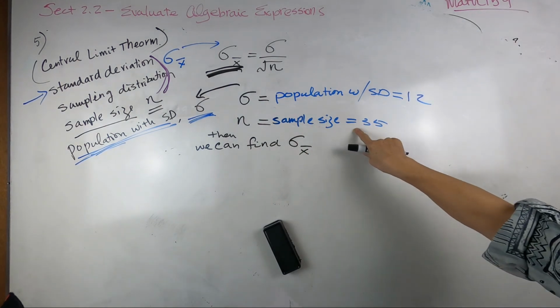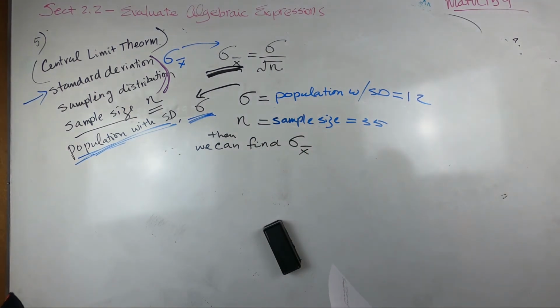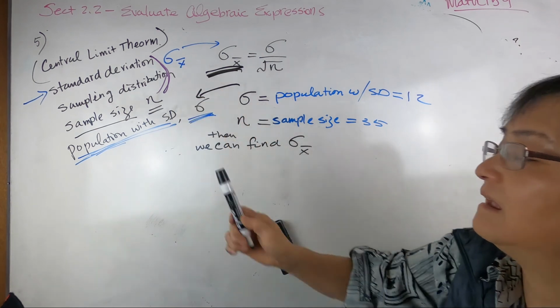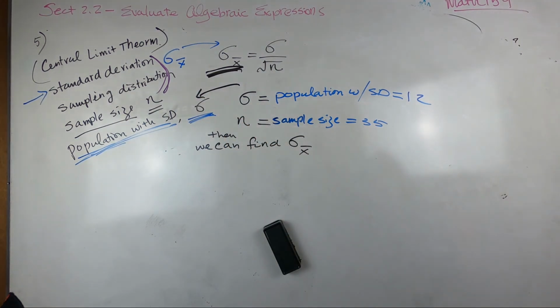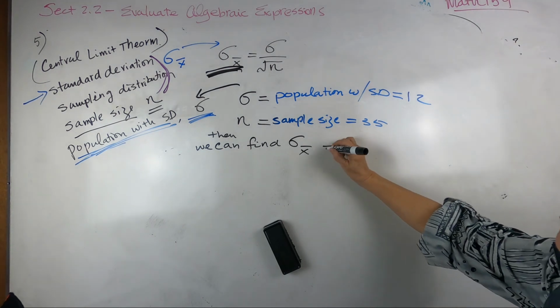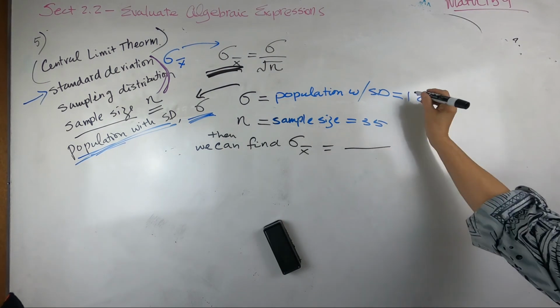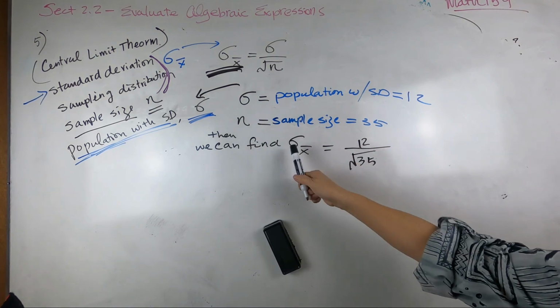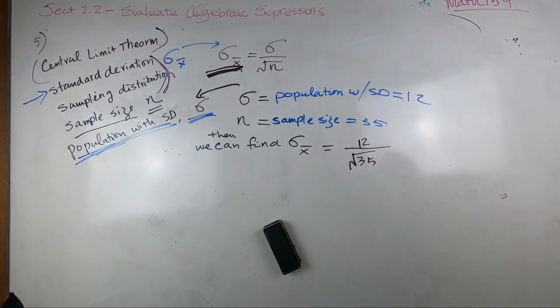So n is 35. Then we want to find the standard deviation of the sample distribution. That's that guy. Still confusing enough for you for the moment. Okay? So we practice that. Sigma is 12, n is 35. According to this formula, you should do that.